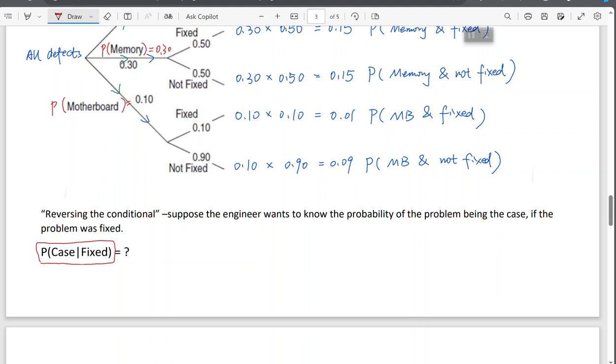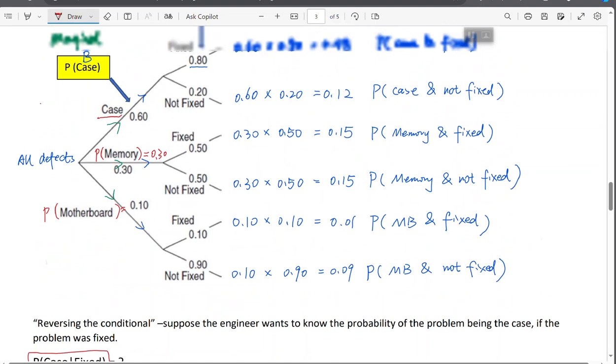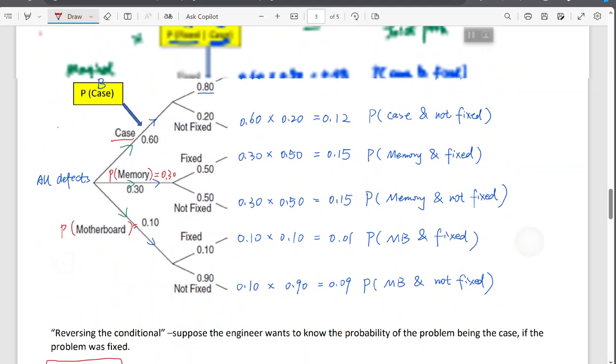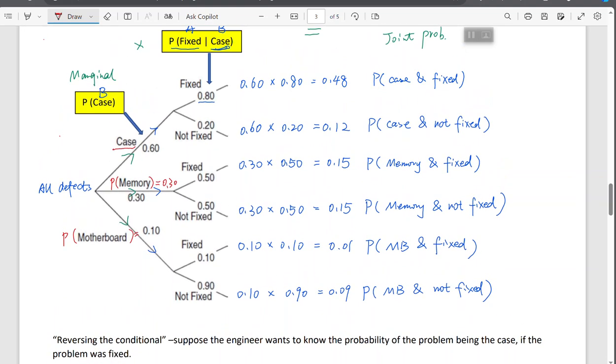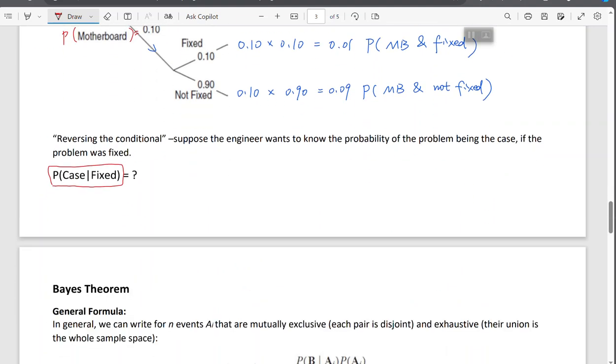All right, if you reverse the order, then actually we do have the probability given it is a case alignment problem. Given it is a case alignment problem, the probability of getting it fixed is 0.80. But if I reverse the order, if I know this problem is already fixed, then within all the fixed defects, what is the chance that this fixed problem is a case alignment problem?